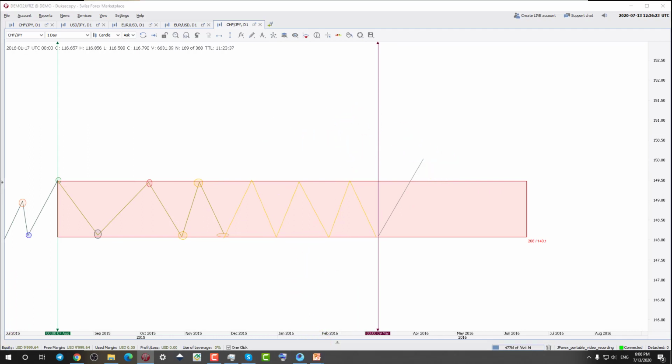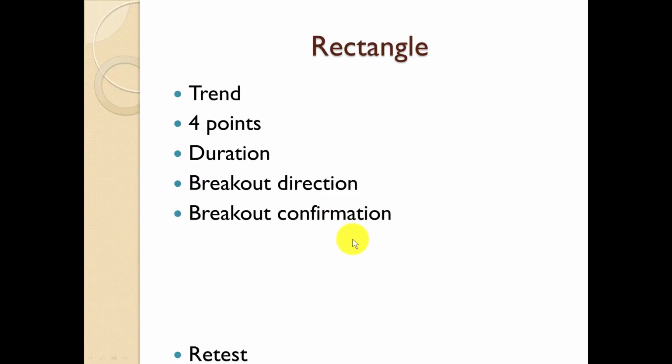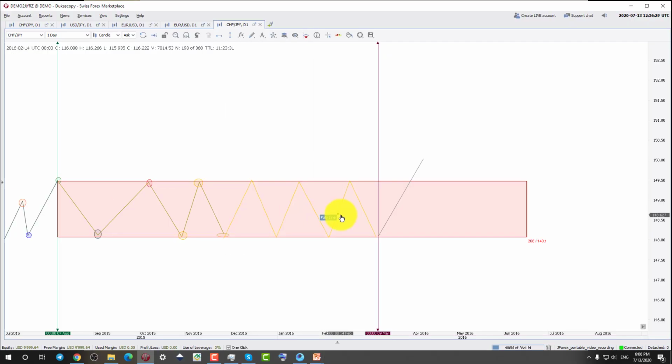You know that we are conservative traders, so we will be looking for a retest of the breakout. In technical analysis, we have learned from the beginning that whenever a resistance is broken, it turns into support. Here, this level was the level of resistance from where the price was bouncing back again and again.